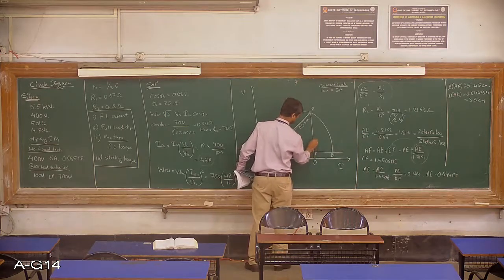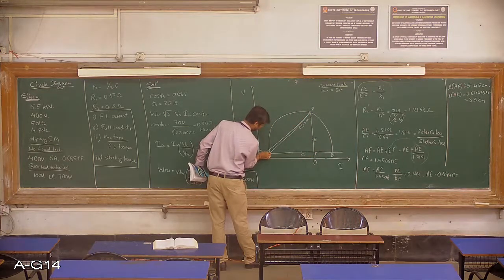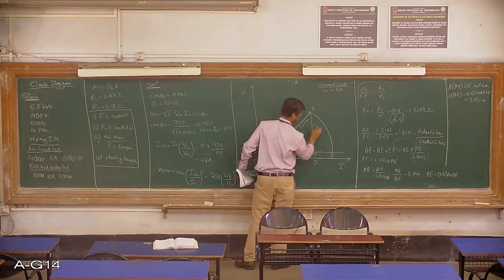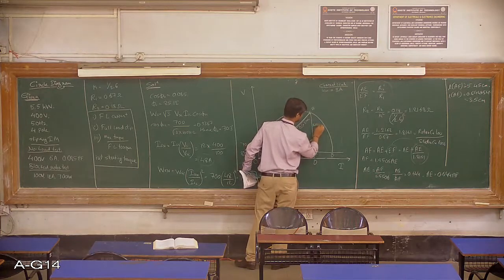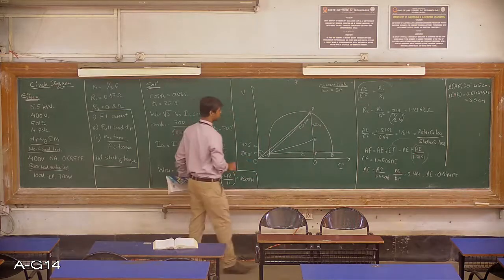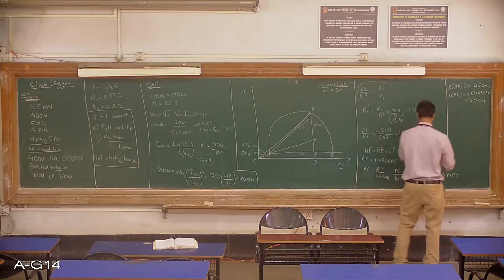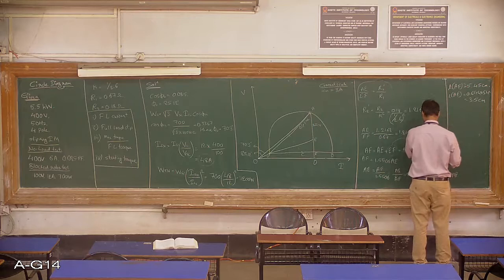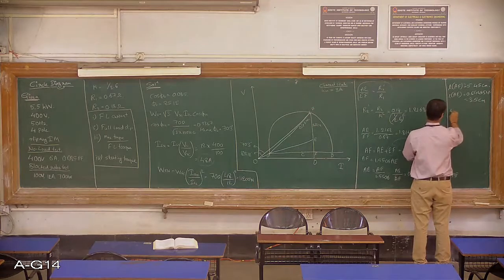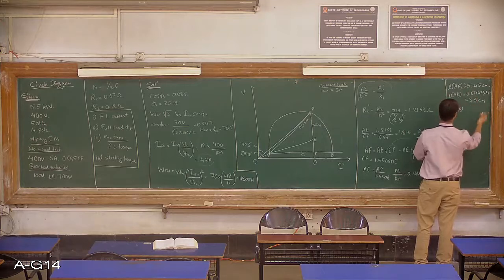It will be somewhere here, so marking this point as E. Now I can join O dash and E. This length is 3.5 centimeters. Now the length of AE is known, so easily you can calculate the length of EF, which is equal to 5.45 minus 3.5.